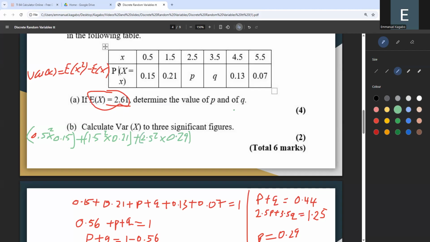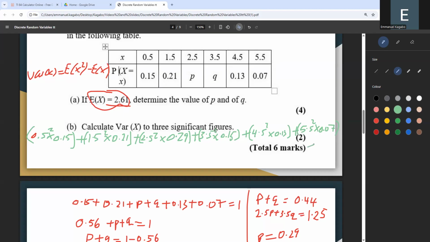Plus the next is 3.5 squared times the q value, which is 0.15, plus 4.5, guys, times z, it has to be squared, times the probability corresponding to that, 0.13, plus 5.5 squared times 0.07, okay?